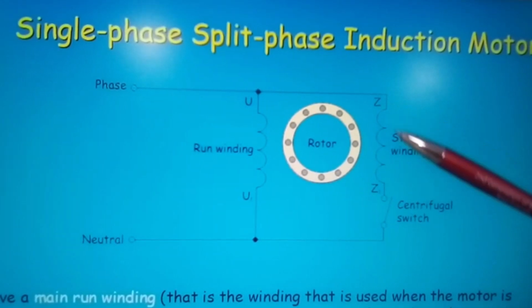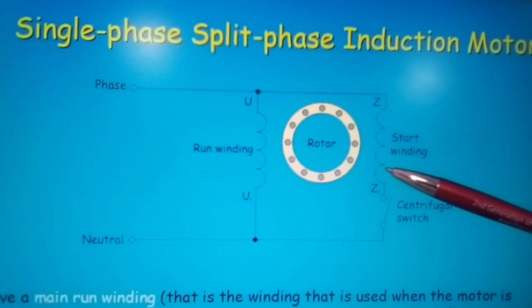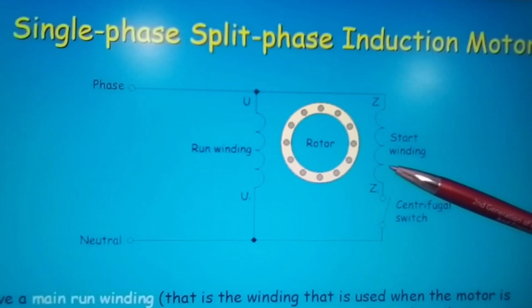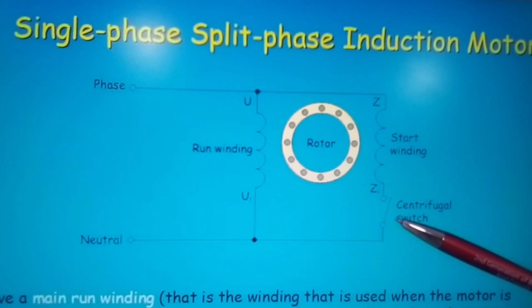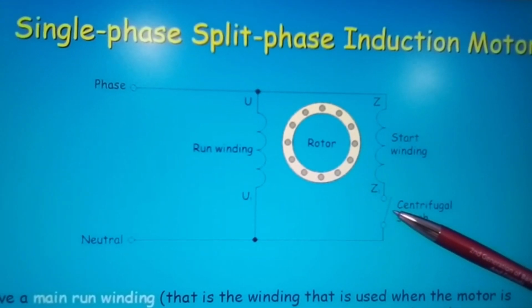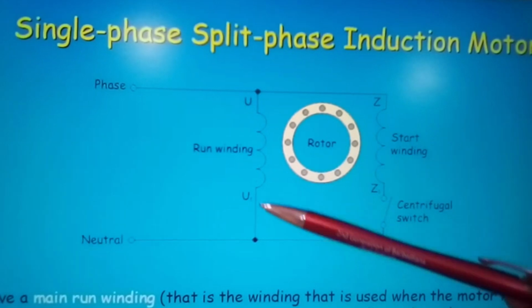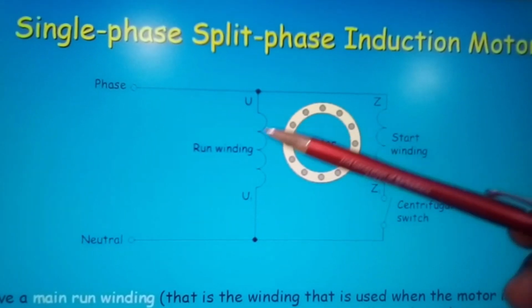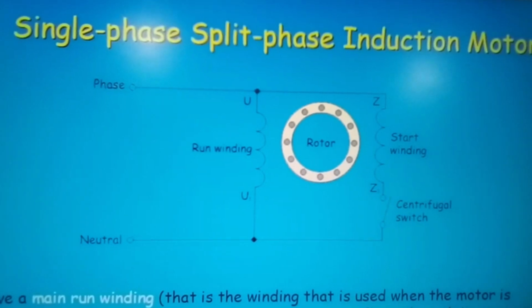Now this winding only comes into play at the initial start of the motor itself to get the motor going. But once the motor is going, the centrifugal switch is then open, and that isolates the start winding, and then the motor is running by its own inertia against the magnetic field set up in the run winding.